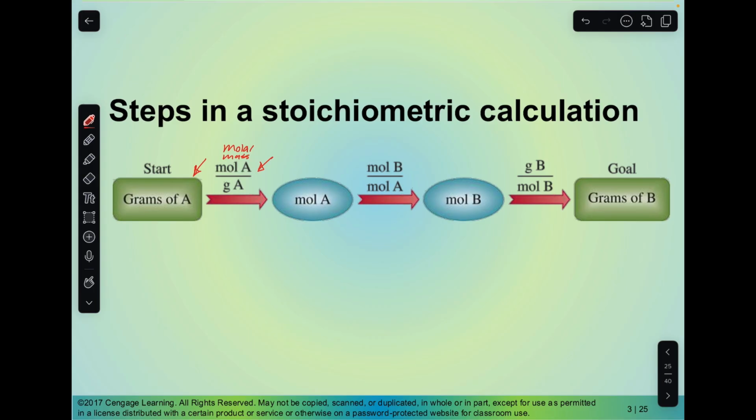Then mole A to mole B: if we have A plus B goes to AB, then we will be able to use the mole ratio. This would be a 1 to 1 right there. You can then convert back to grams of whatever you were looking at. So moles of B to grams of B is going to give you the final answer of grams of B.